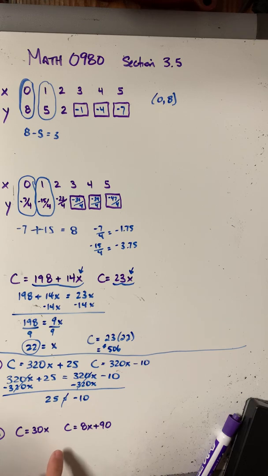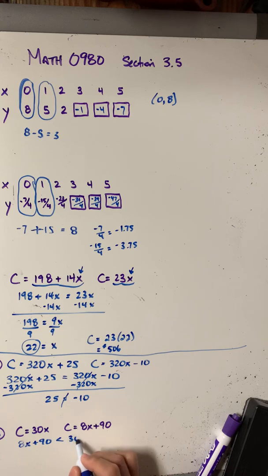The second option is to pay $8 a day plus an initial fee of $90, and the cost equation is 8X plus 90. When is the pricing method with the initial fee a better value? So this is the one that has the initial fee. If this is a better value, it means it's cheaper, right? So I would set it up as an inequality. So 8X plus 90 is less than 30X.